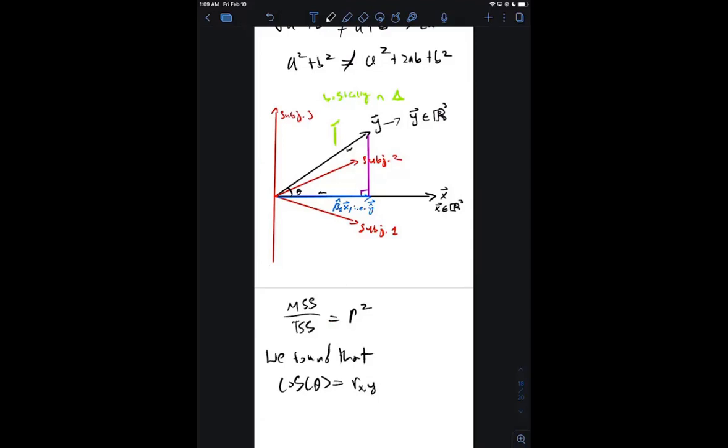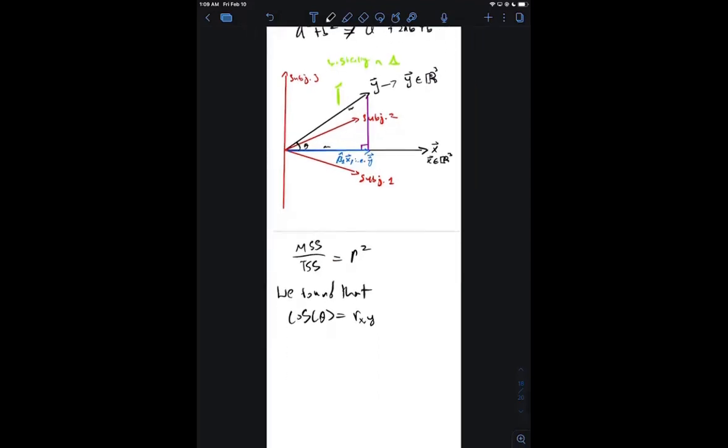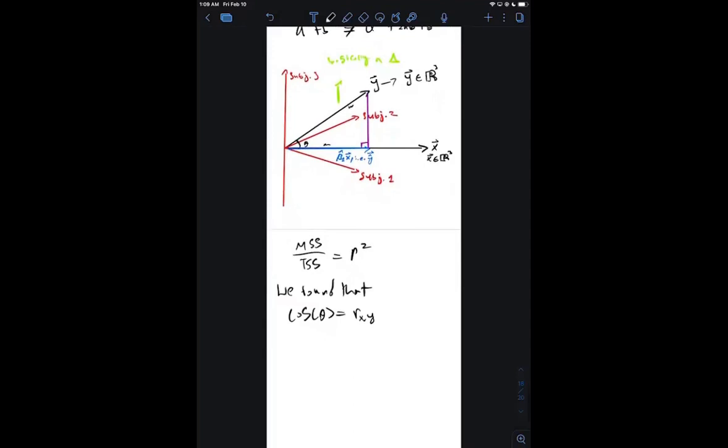That was a payoff from the law of cosines. Now note here that because this is a right triangle, we actually don't need the law of cosines. So when the triangle is right, cos theta, of course, is just equal to, a little bit of high school geometry, adjacent over hypotenuse.